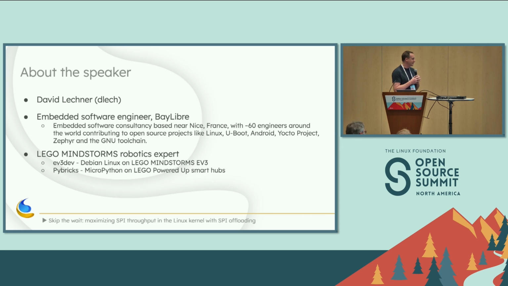And then since then, I've also been involved in a project called PyBricks that's brought MicroPython to some of the newer Lego products. But one of my first contributions to the kernel, or in the SPI code in the kernel, was actually improving the performance of the analog digital converter on this EV3 robot. And so it's kind of been fun to come back full circle. What used to be playing for me is now my job.